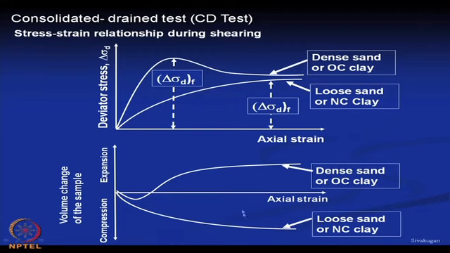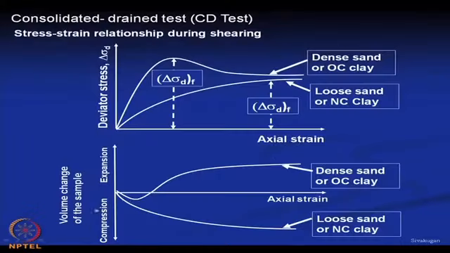This is due to the reason that for the loose sand, as we apply the load, the voids between the soil grains reduce continuously. But in case of dense sand, the voids between the soil grains are already very small, in a packed condition. So if we further apply stress, the volume will slightly reduce, and it becomes a very dense condition.